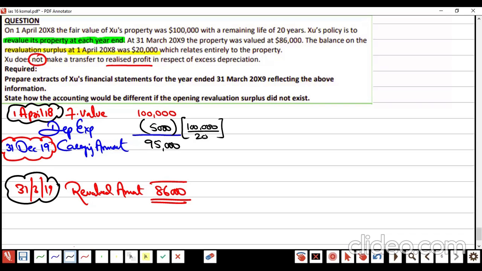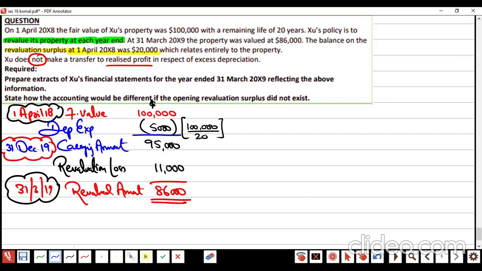It is bad. So what we will say? 11,000 loss. Deficit. Revaluation loss or revaluation deficit of $11,000. Any problem?